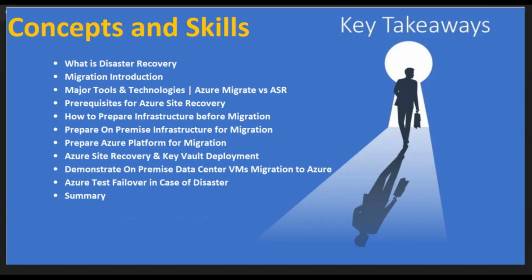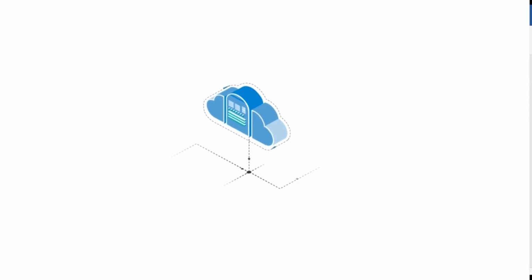So let's move now. Before cloud computing technology, disaster recovery planning, designing, and implementation was a very complicated task. Let's suppose the data center went down due to a security incident. It might be that a hacker attacked and locked all your infrastructure and applications.